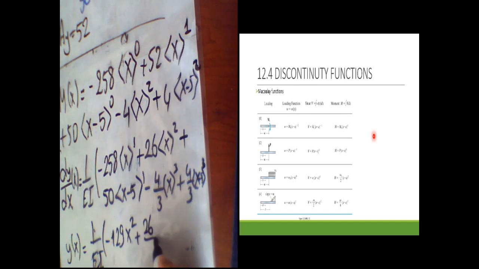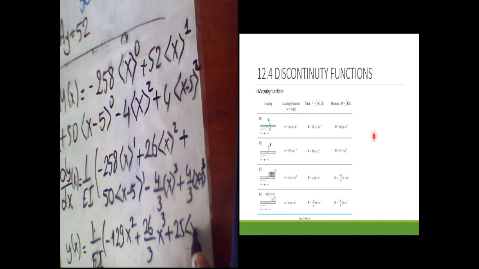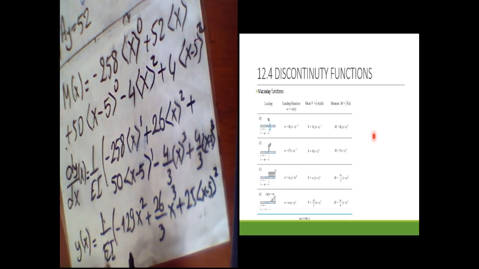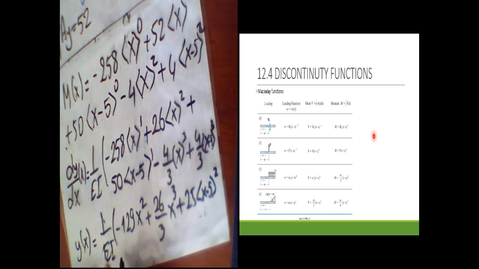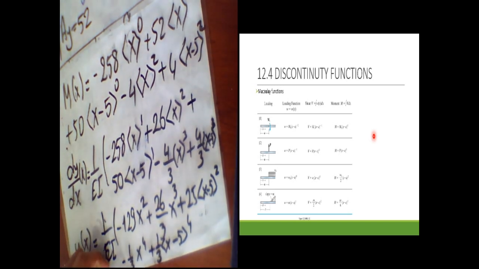Also 26 divided by 3 x to power 3 plus 25 x minus 5 to power 2. I want to use the small space at the bottom, sorry for the bad writing. Minus 1 over 3 x to power 4 plus 1 over 3 x minus 5 to power 4. It's a very complicated function, you can see. Don't worry about that.